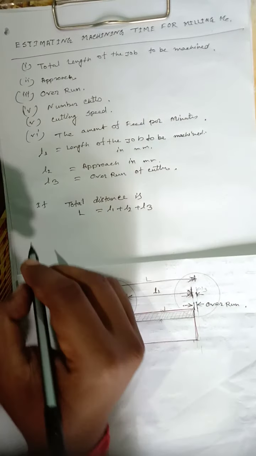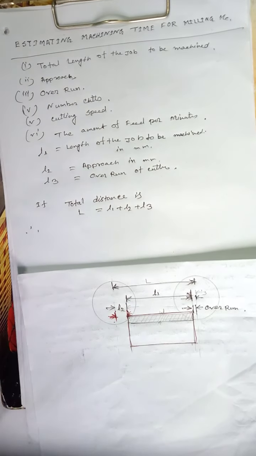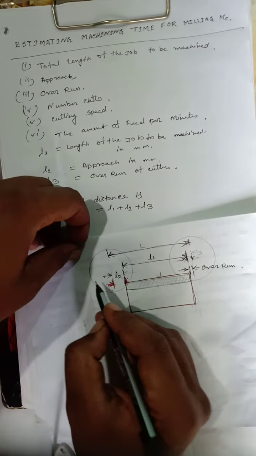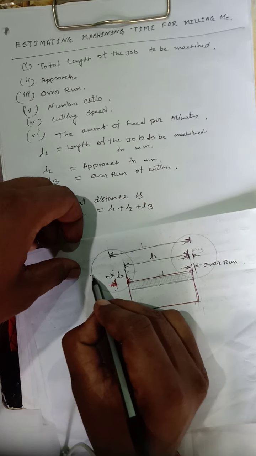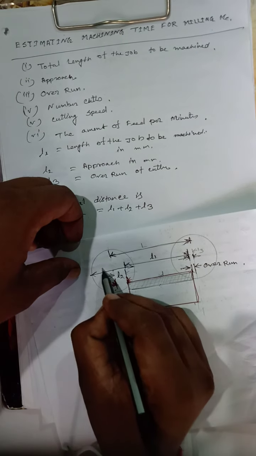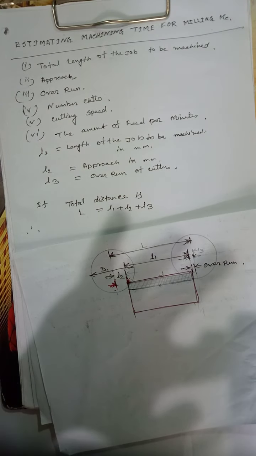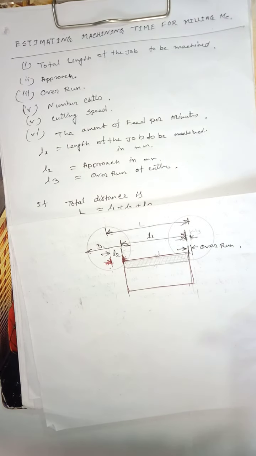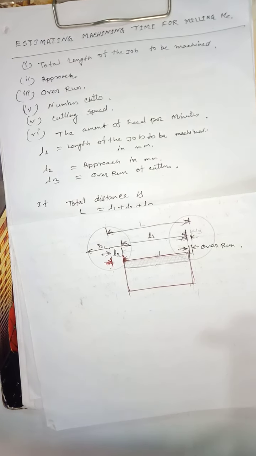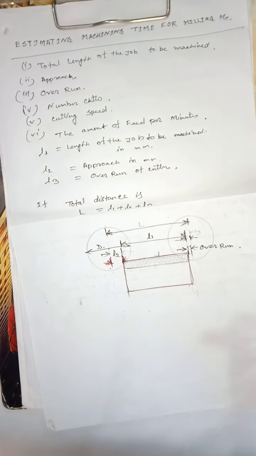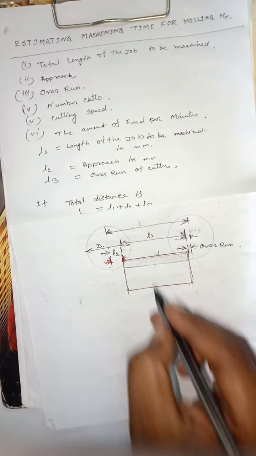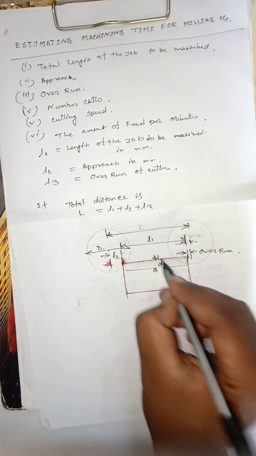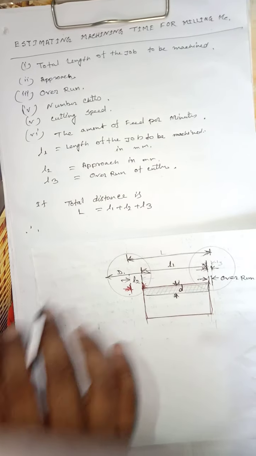Now, in the plane milling operation, there is another dimension called D. D means the diameter of the cutter, and small d is the depth of the cut.